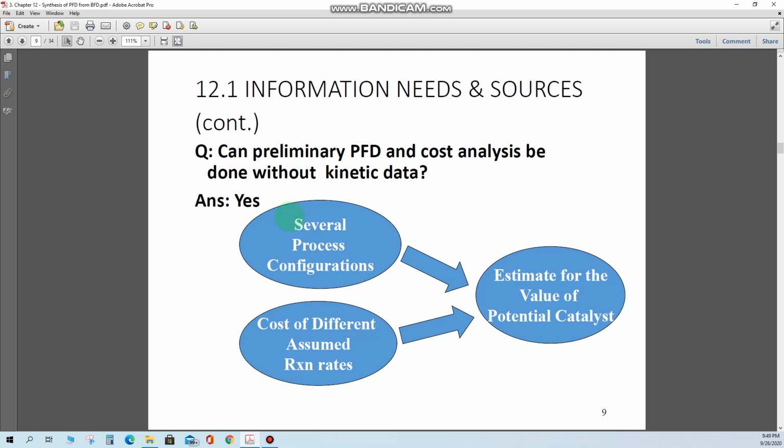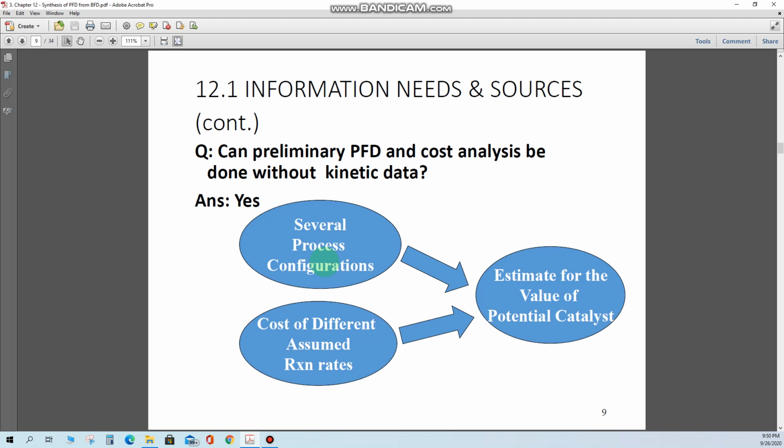Now what we can do here is consider several process configurations. If you are designing any process, you can have different process configurations, depending on the recycle structure and the number of separators and the number of stages in the column that you want to have to increase the purity. So you should have information about the temperature, pressure, and flow rates.